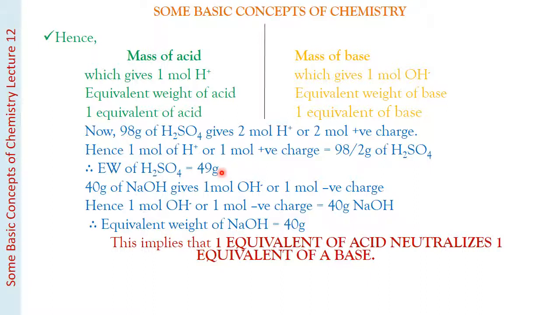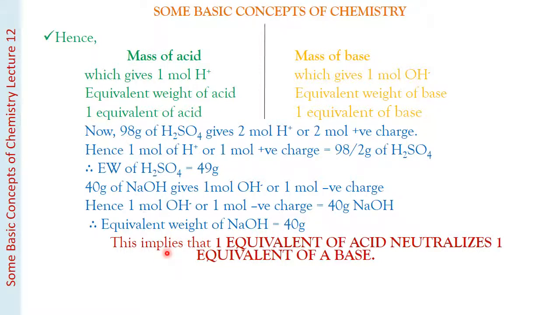Now for NaOH. So 40 grams of NaOH, the molecular mass, gives how many OH- ions? 1 mole, or 1 mole of negative charge. Hence 1 mole of OH- ions is given by 40 grams of NaOH, and hence the equivalent weight of NaOH is 40 grams.